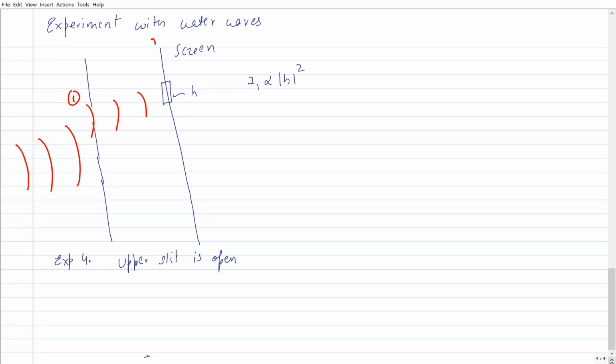So essentially my cork or any sort of a measuring instrument that's measuring the amplitude of this water wave, I calculate the intensity of the wave to be proportional to h squared, where I would just say h is the height of the water wave impinging on the screen.